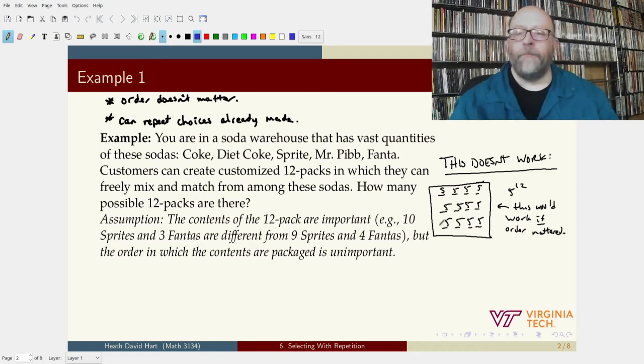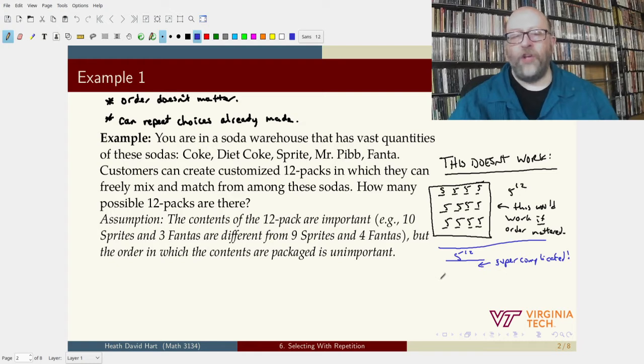Okay. So then another strategy that doesn't work would be to take 5 to the 12th and then divide it by the number of different ways we can arrange the same arrangement. And the problem is that this is just super complicated. Here's why.